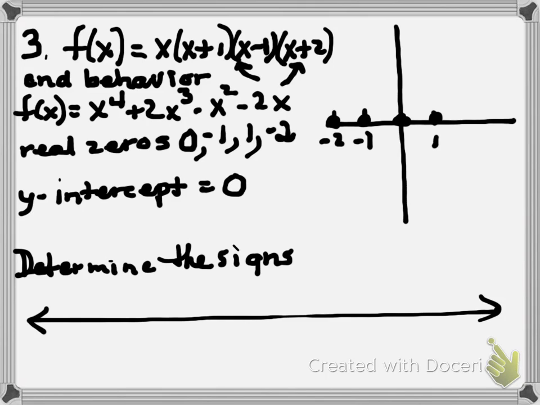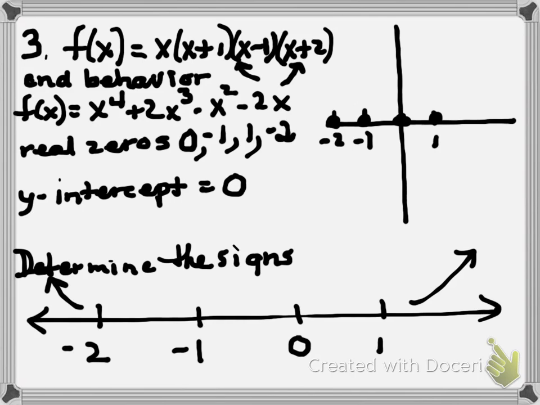Now I want to determine the signs. I know the end behavior is that it's going to rise to the right and left, so I know that they're both positive, and I don't need to check those regions. So I know it's going to rise on both ends. So what's happening in between? I'm going to pick some values in here.